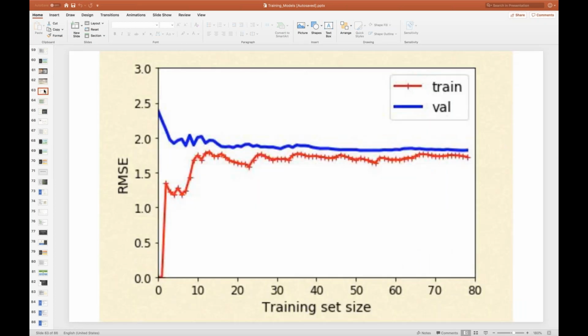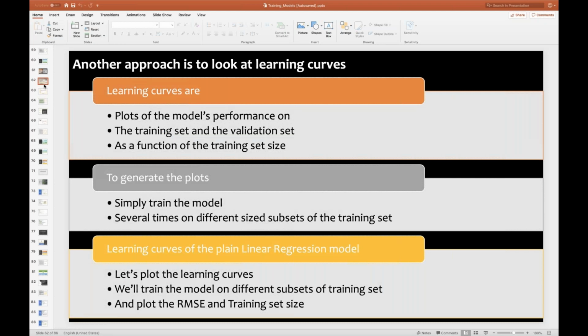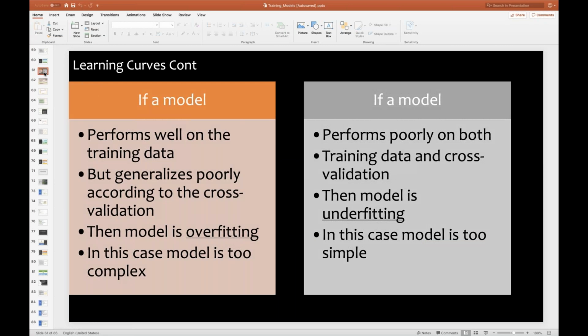You have root mean square error on the y-axis, and the training set size on the x-axis. Here I explained what a learning curve is, how you generate plots, and what you can analyze from the learning curves if you implement the linear regression model. I also explained what underfitting and overfitting are.